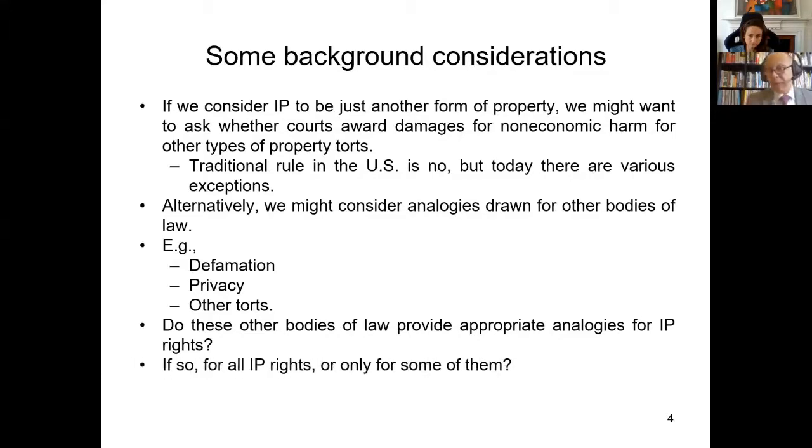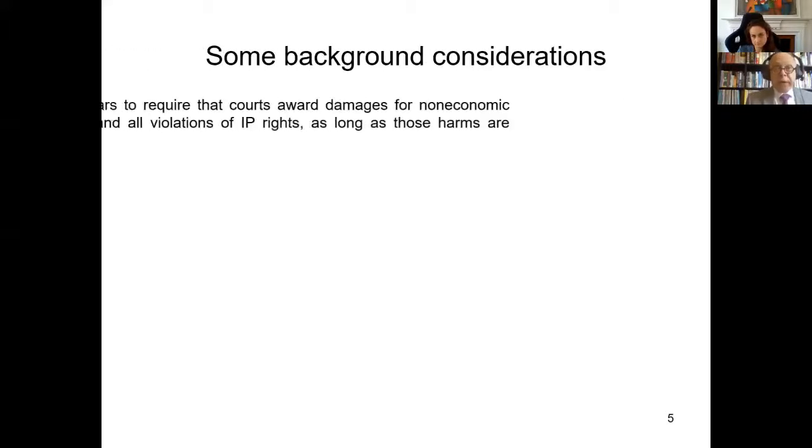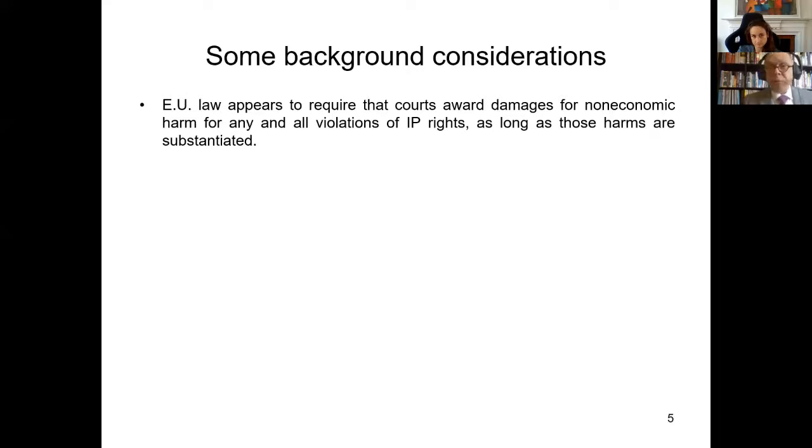And maybe some of these non-economic harms are more relevant to certain bodies of IP law than to others. In the European Union, as I mentioned, there is the concept of moral prejudice, and there appears to be, at least as a matter of directive law, more receptivity to allowing courts to award damages for non-economic harm, moral prejudice, throughout the entire range of intellectual property cases.